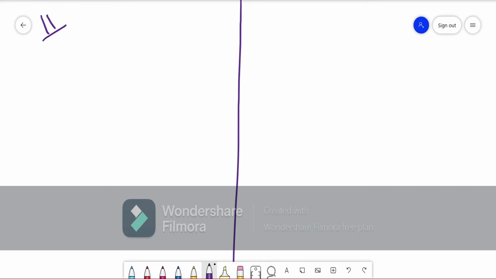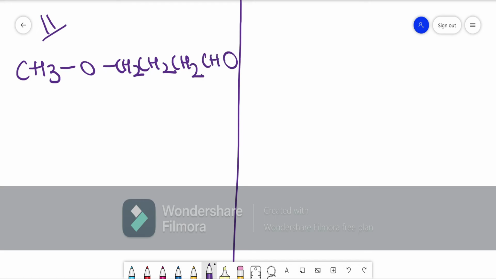So the 11th question is again CH3, C, CH2, CH2, CH2, CHO, then CH3, that is the methyl group, and again a methyl group attached.